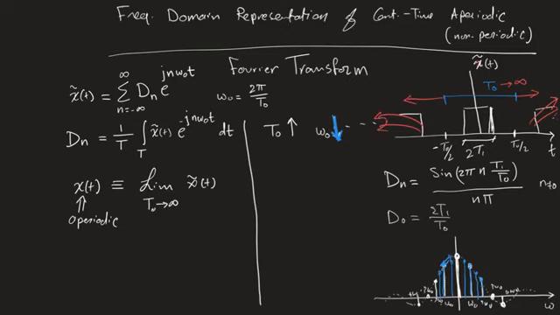So the difference between one point and the next becomes infinitesimally small, which means that I will end up with a continuous line instead of a discrete line. So this line will become continuous rather than points separated by some distance omega naught. Now this omega naught becomes almost zero, infinitesimally small, which means that it's one dot to the next, to the next, to the next. So now I'm tracing a continuous line.